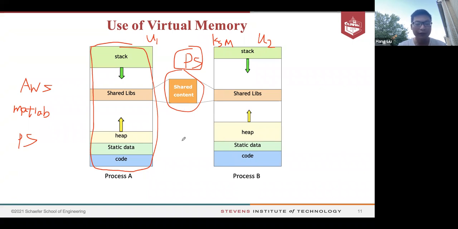Another very popular way of doing this is IPC, inter-process communication.